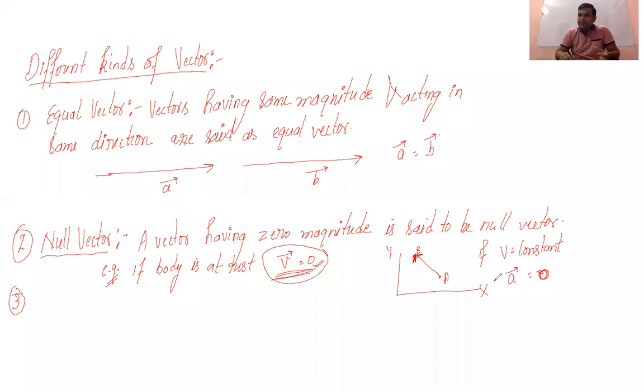So sometimes a null vector contains a direction, sometimes it does not. But if you are talking about it as a vector, then definitely it will have a certain direction.